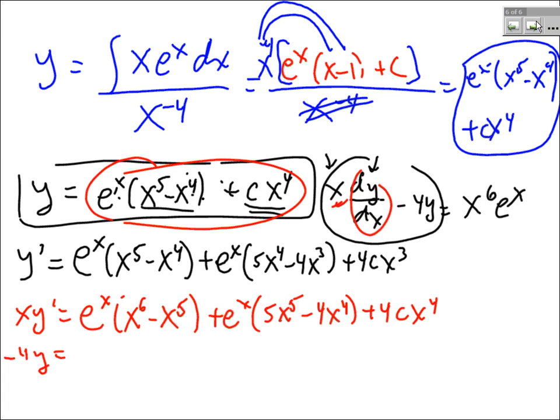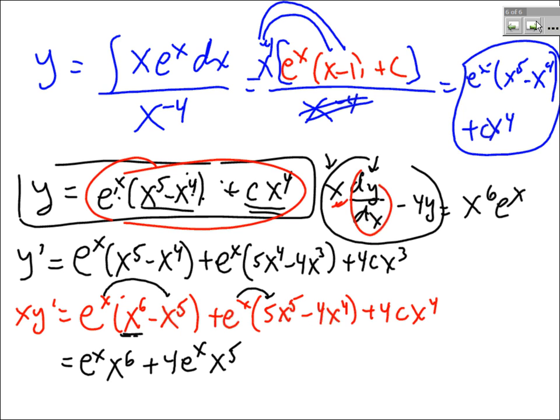So why don't we clean this up a little bit? I just have 1x to the 6th, so I have e to the x to the 6th. Now I'm taking away x to the 5th e to the x, and I'm adding back 5, so I have 4 e to the x to the 5th.